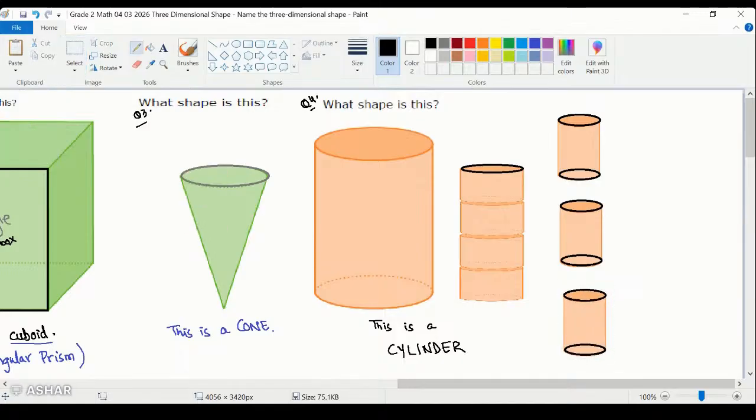If I make a dotted line, it means it is open from this side. A dotted line is showing us that it is open, and a closed line is showing us it is closed. I'm showing you the examples of the cylinder.